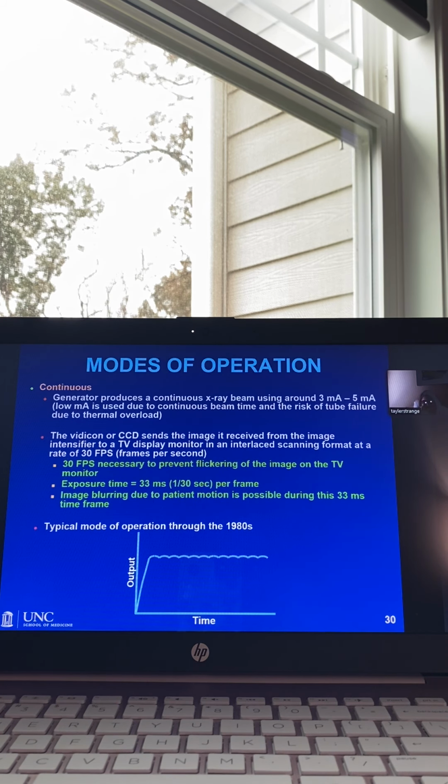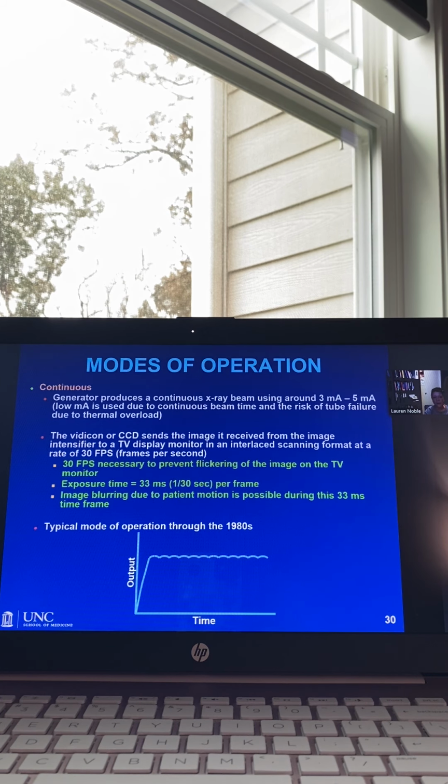That's what's ideal, okay? So let's go back to this for a second. 3 MA and 5 MA, that is extremely low milliamperage. Because remember, when we talked about MA stations on our diagnostic equipment, there could be 100 MA stations, 200, 300, 400, 500, all the way up to 1,000 MA or even 1,200 MA. But with fluoro, we are using an extremely low milliamperage because we want to avoid overheating the tube.